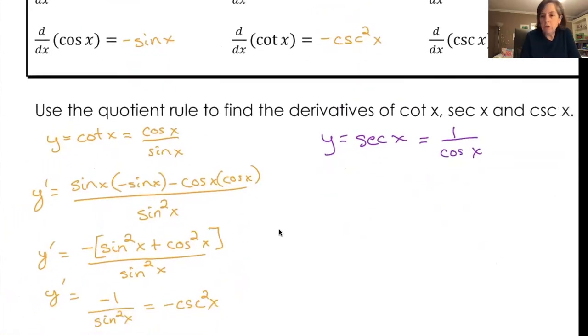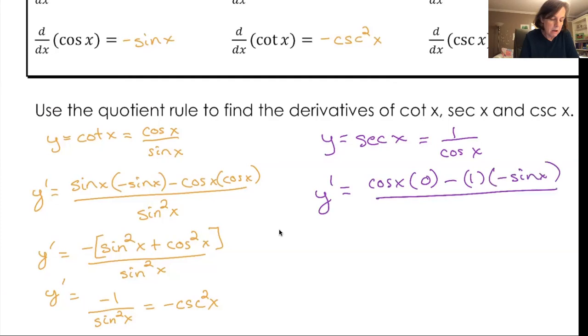So I can use the quotient rule again. So y prime equals, say it, low d high minus high d low all over the square of what's below. So low d high, the derivative of 1 is 0. So that's just going to be 0 minus high, so 1, d low, derivative of cosine is the opposite of sine of x, all over the square of what's below. So all over cosine squared.